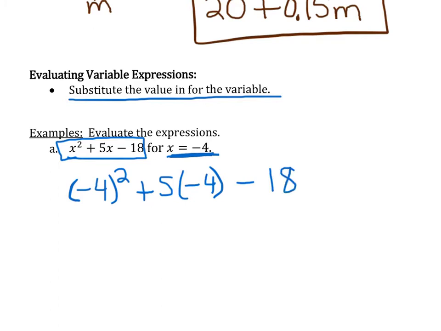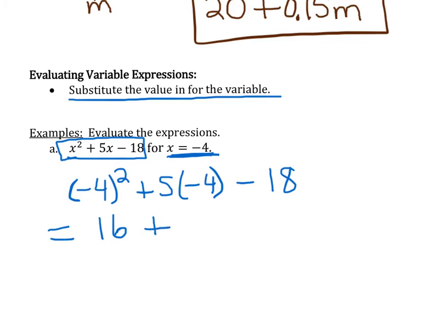Now I need to simplify this so I can get a final answer. And of course, when I simplify, I have to use my order of operations. We have parentheses, but there are no operations inside of the parentheses, so I'm going to go to exponents. That's (-4) squared, which will be 16. Since the terms are separated by a plus and a minus, I can do the multiplication at the same time.